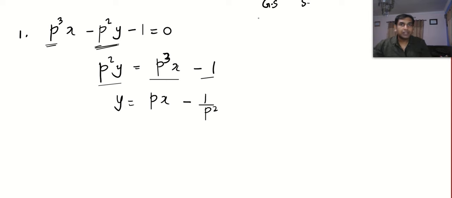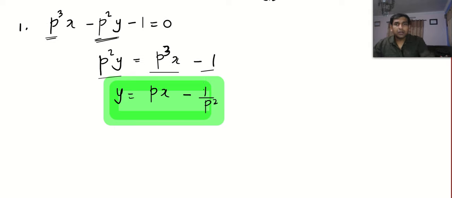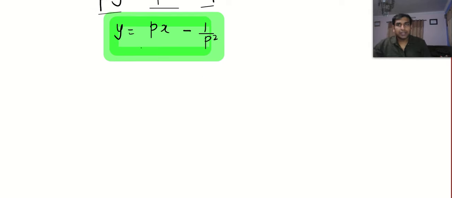Now are you able to see the Clairaut's equation? y is equal to p into x and some function in p. Okay, now as usual, if you solve for y, we will be differentiating with respect to x.